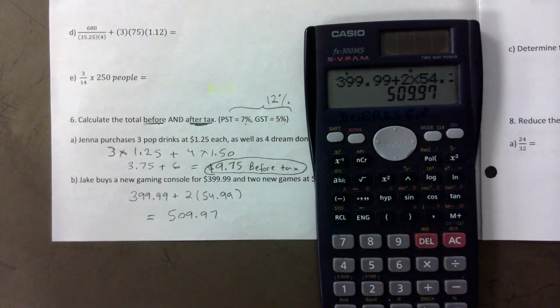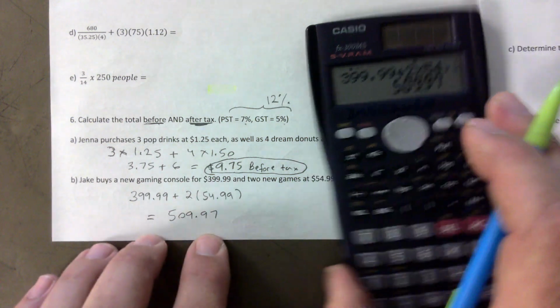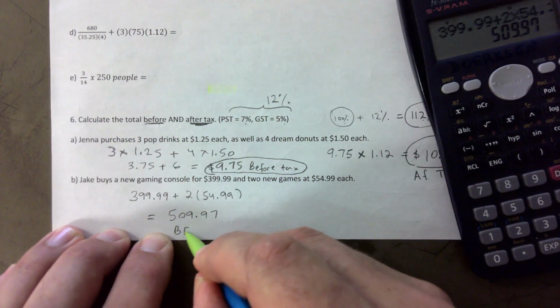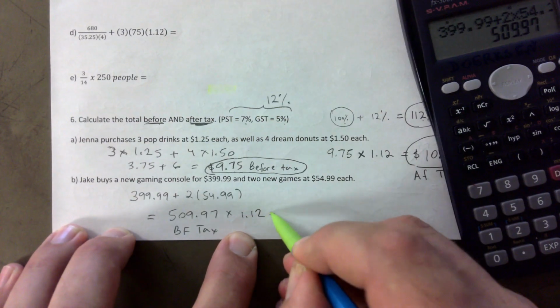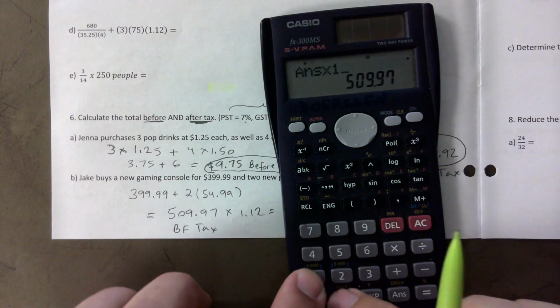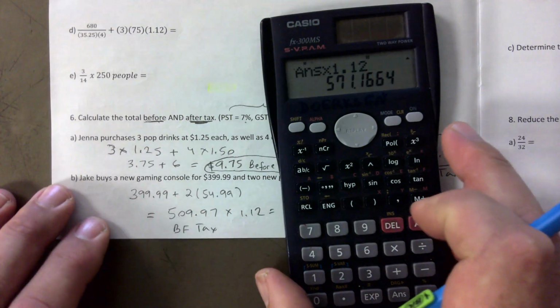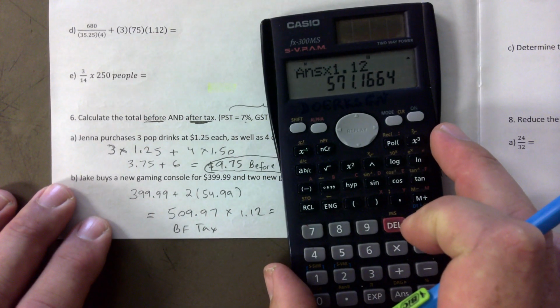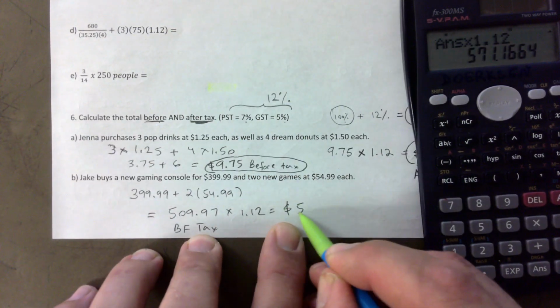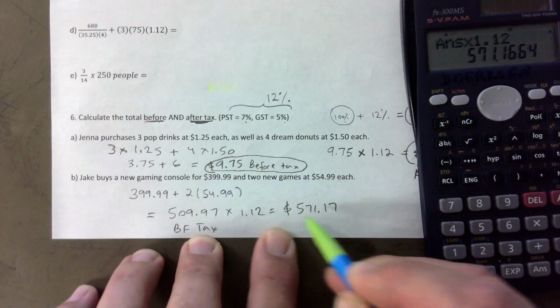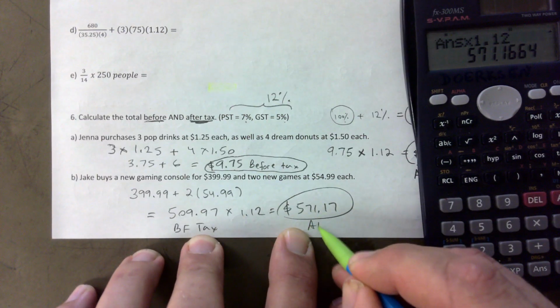Regardless of how you did it, I'm not going to be too picky, but just show me some work. This is before tax. If you multiply this by 1.12, voila, there's your answer, 571.17. Okay. This is after tax.